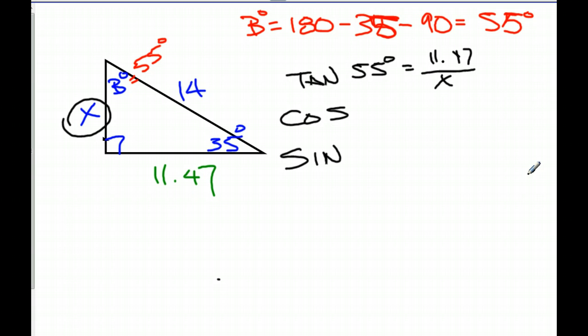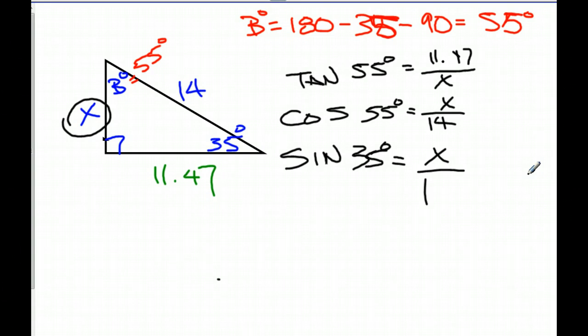I could use the cosine of 55 degrees, because that equals x over 14. Can I use sine of anything? I could use the sine of 35 degrees because that equals the opposite over the hypotenuse.